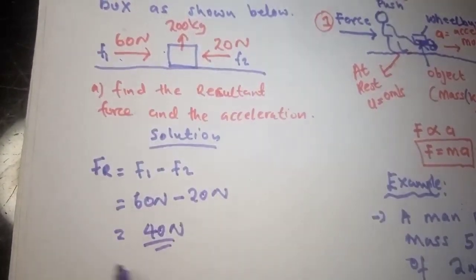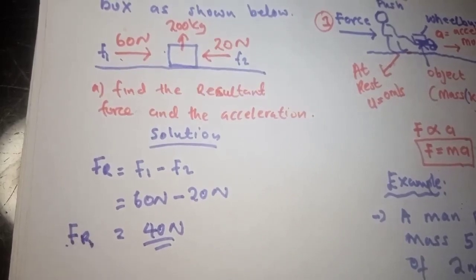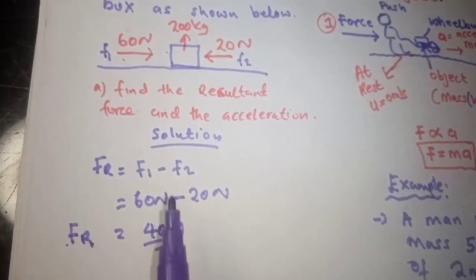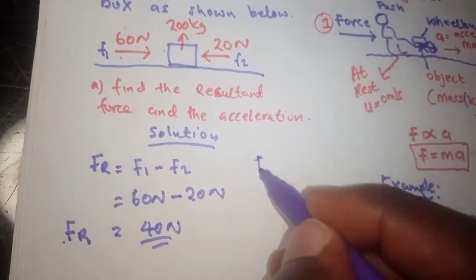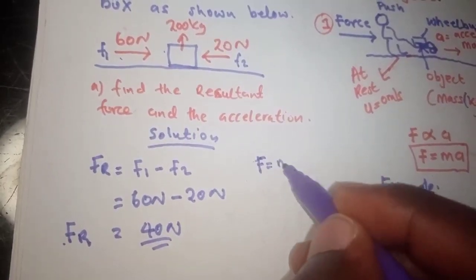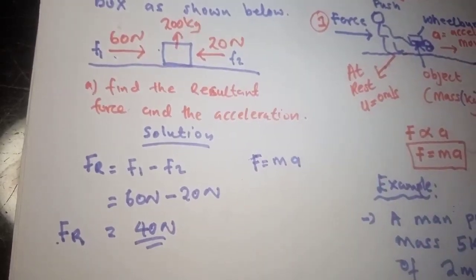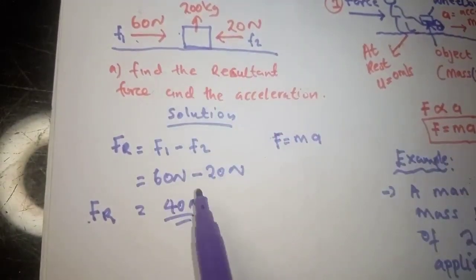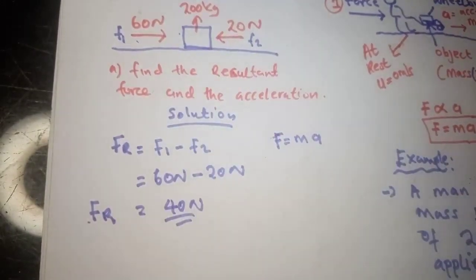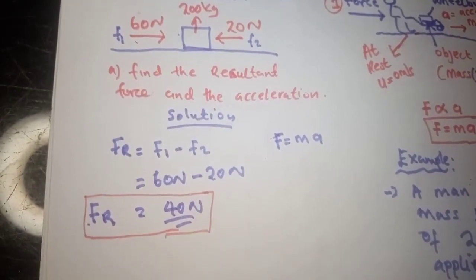This is the resultant force, FR. The other part asks for the acceleration. We know that force is equal to mass times acceleration, and we found that the resultant force is 40 newtons.